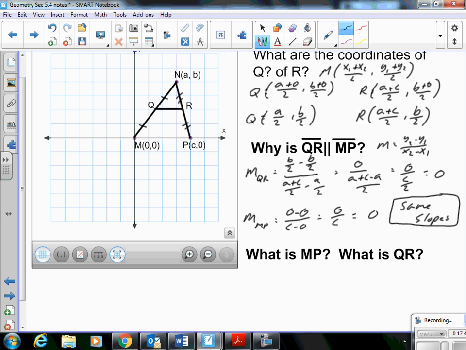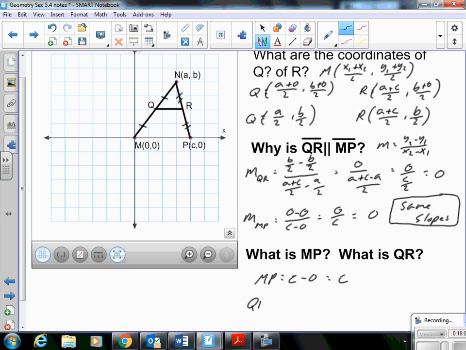That wants to know the length of MP and the length of QR, which, for MP, we're just looking at the difference in the x's because those are horizontal lines. So MP is going to be c minus 0, or c.